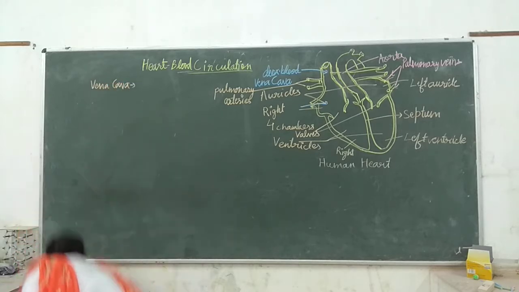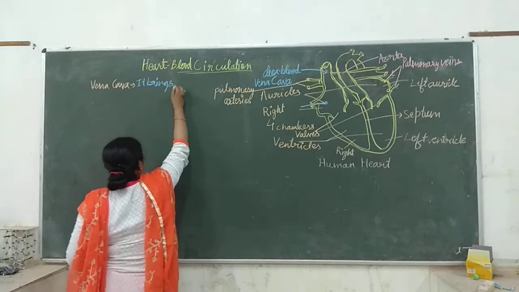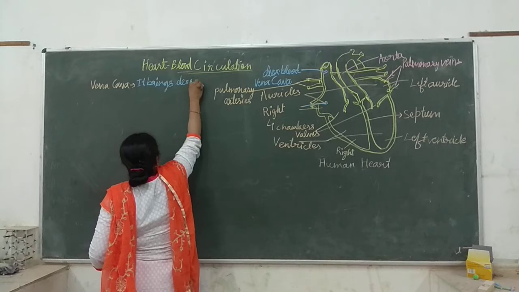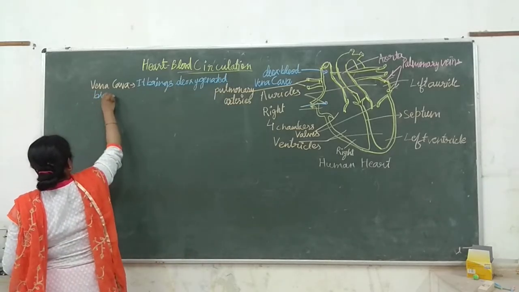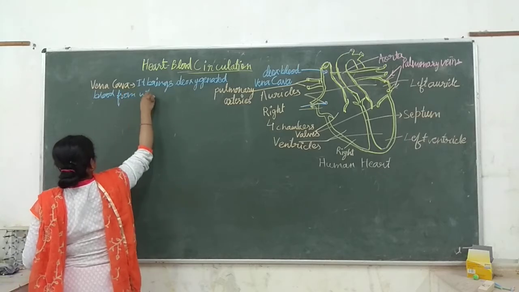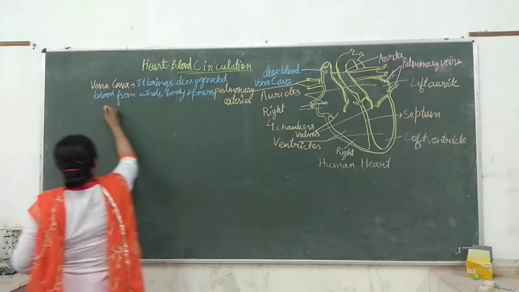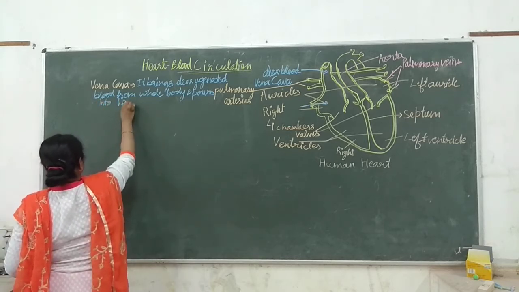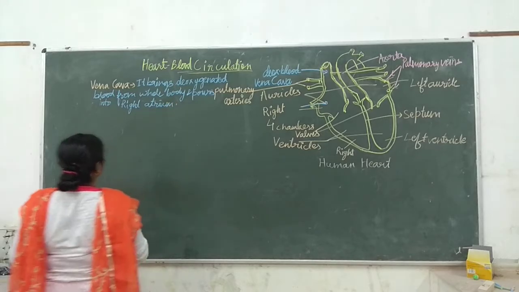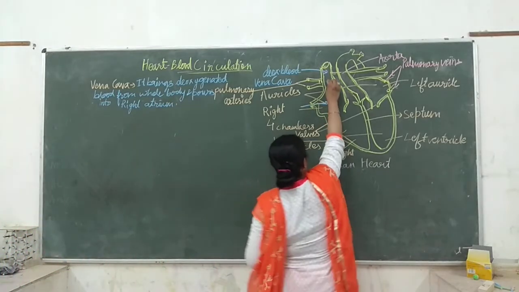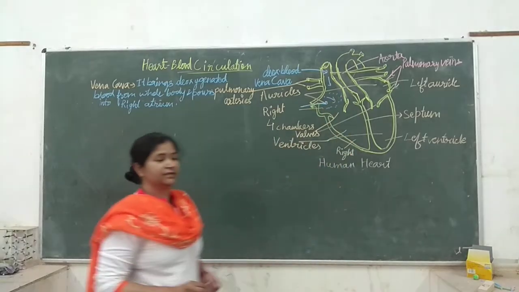The vena cava will bring the deoxygenated blood from the whole body and pour it into the right atrium. So it has poured the blood into the upper right chamber.